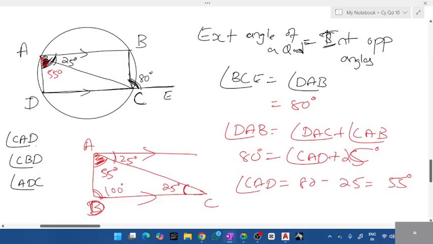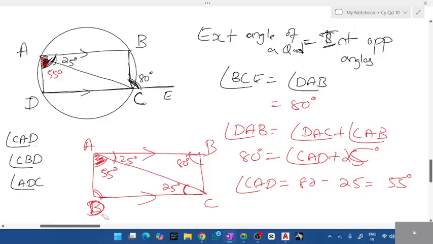So that will be 100. You can even do it like this, 100 degrees. If this is 100 degrees, what about angle B, students? Angle B, 80 degrees.